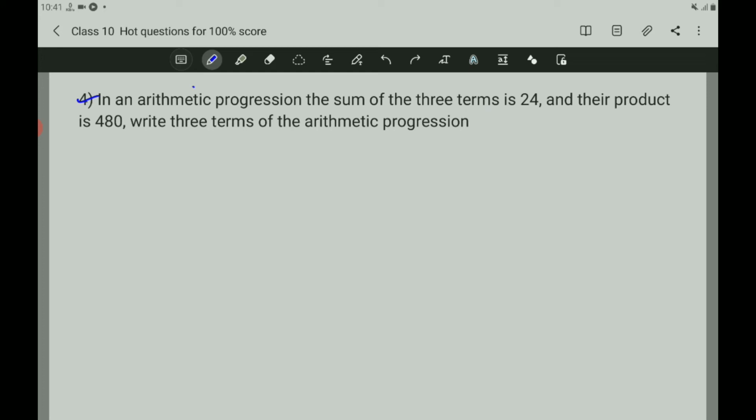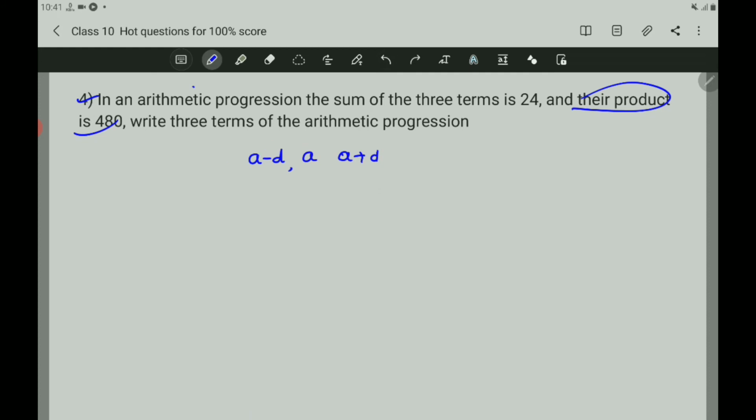So let us take the second term is A, the first term is A minus D, and the third term is A plus D. Here it is better to take it in this way, because if you take A minus D, A and A plus D, it helps while taking their product. Otherwise it becomes difficult to find the answer, and that takes more time and more thinking also. Now if you take it this way, it becomes easy for you.